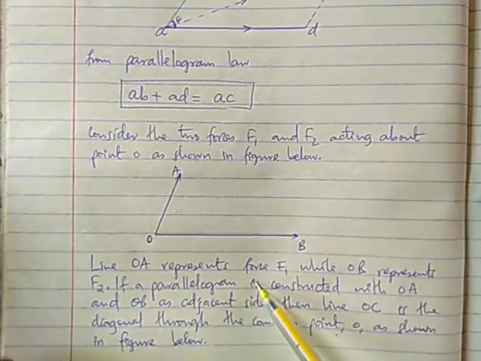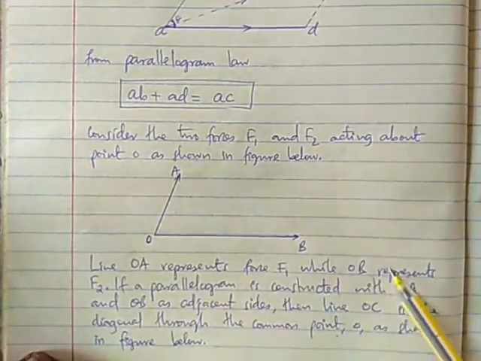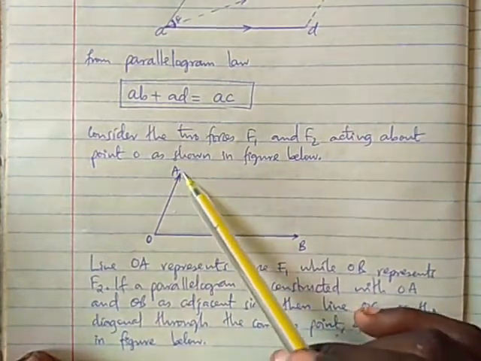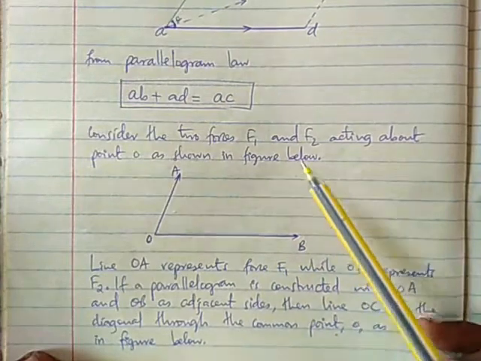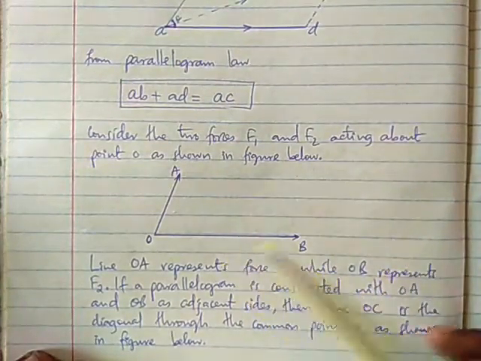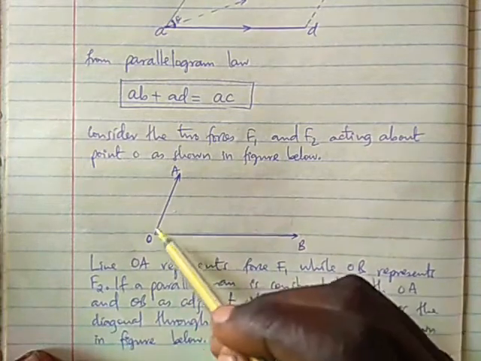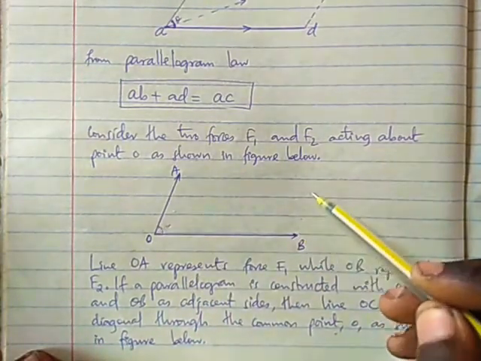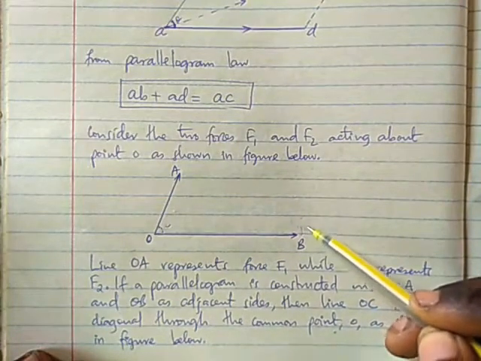If a parallelogram is constructed with OA and OB as adjacent sides, that means tukichora line nyingine huku juu na tukachora line nyingine huku. Lakini remember, kama hii line hapa ina angle fulani, let's say theta, lazima na line tunayoichora huku iwe na angle ile theta.